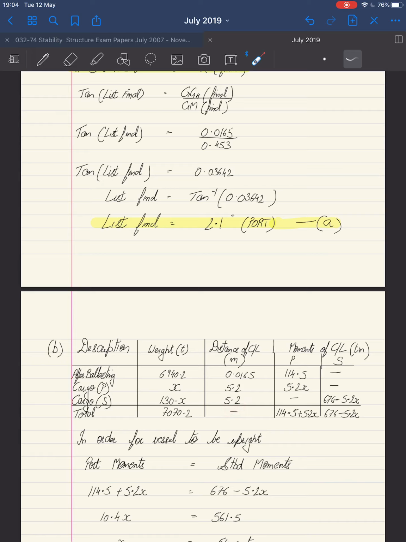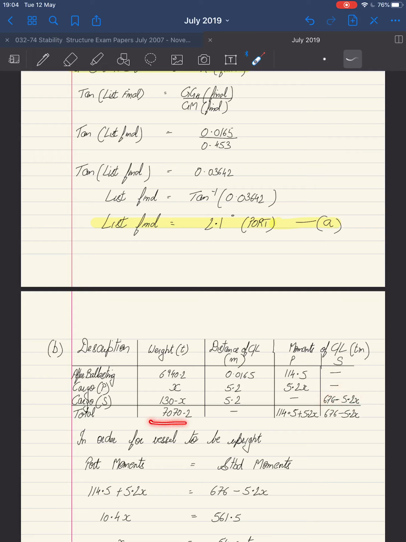Its associated moments would be 130 minus x multiplied by 5.2, which gives us 676 minus 5.2x. Since this cargo was loaded on the starboard side, the moments associated to it are on the starboard side, and on port side we have nil.